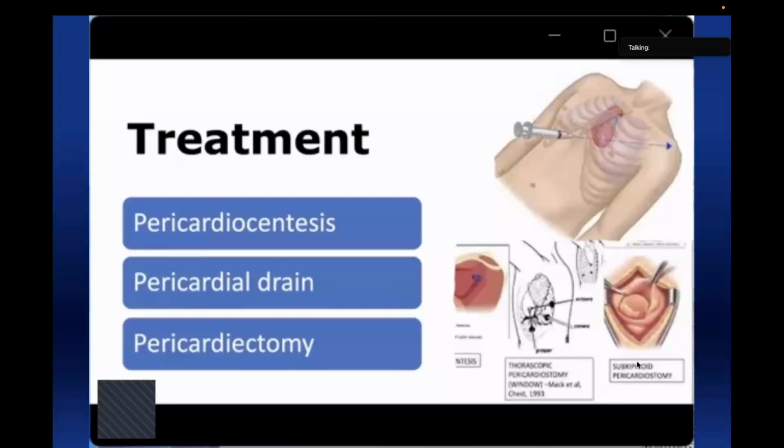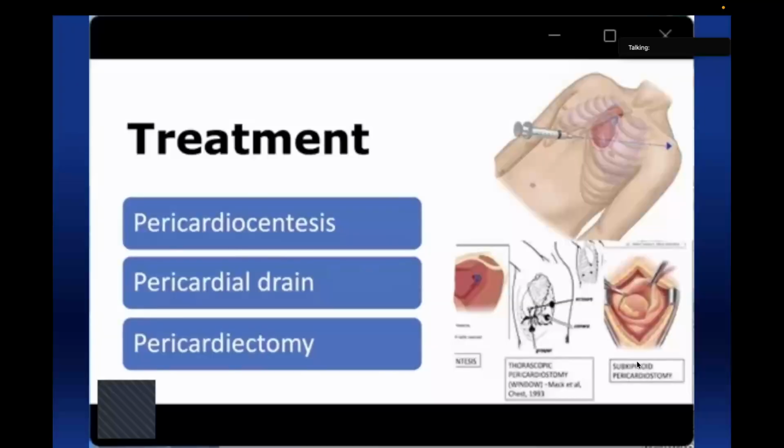pericardiectomy. So it depends on the causes of your pericardial effusion or the presence of your tamponade. Now, sometimes a longer duration of putting up your window or a pigtail.